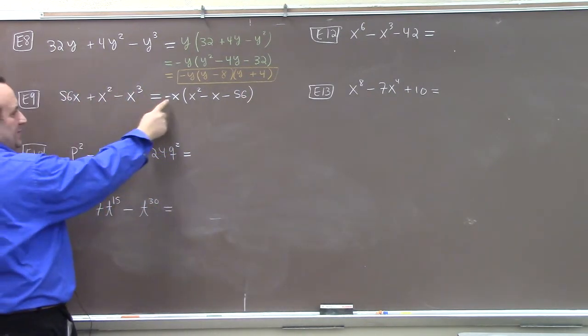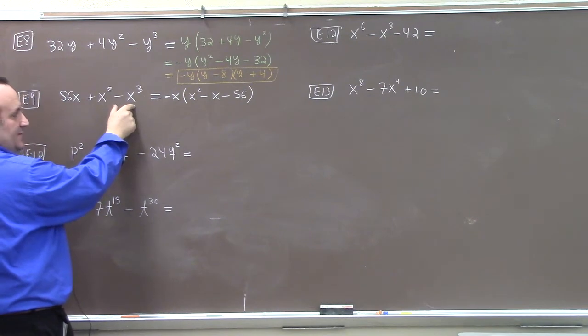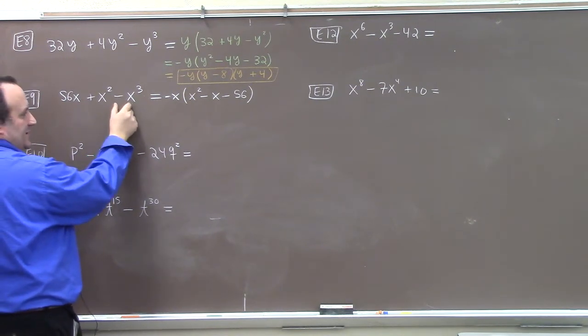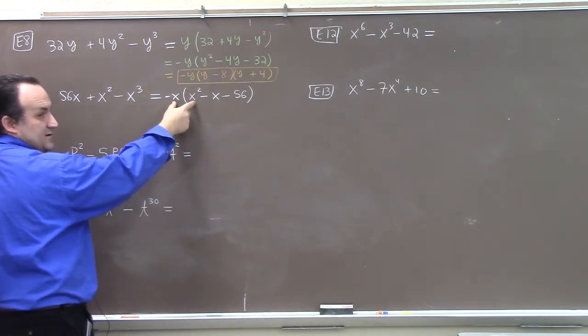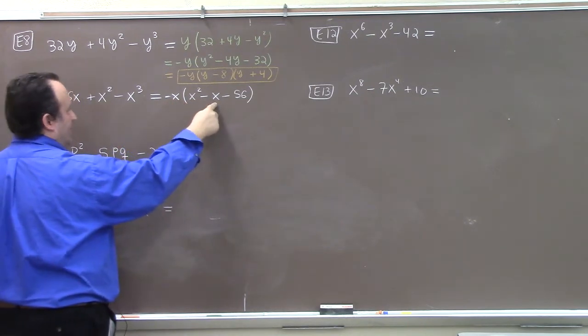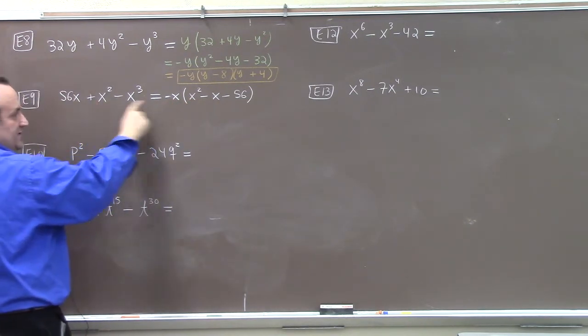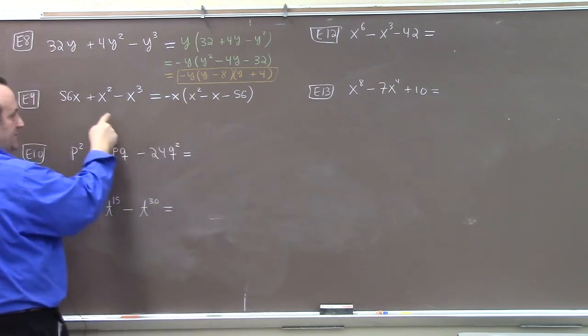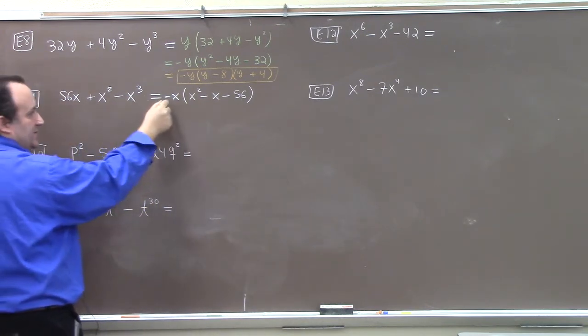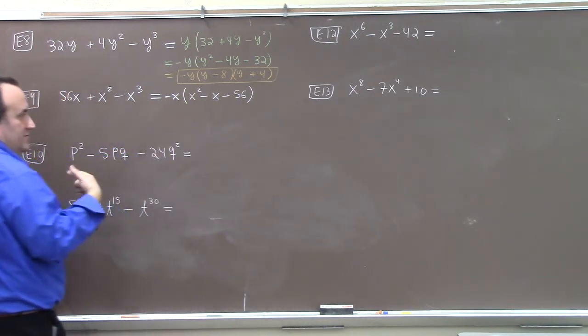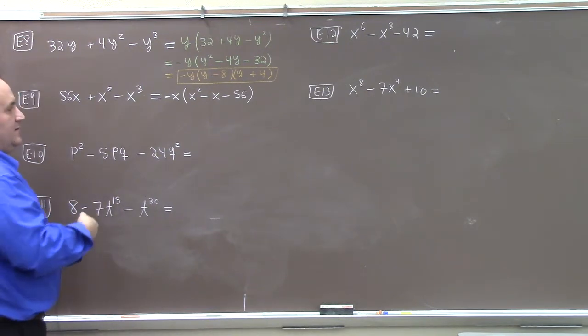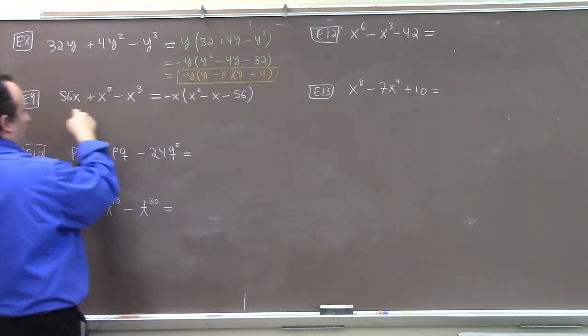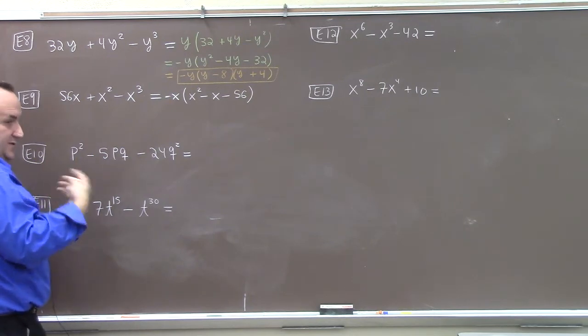By pulling a minus x out, to get back minus x cubed, I have these two, right? But this times whatever I put there has to give me x squared, which forces me to put a minus x rather than plus. And I have to get 56x, so I'm forced to put a minus on this as well. The ultimate judge of whether or not we did it right is when we multiply this out, do we get back where we started? And we do.